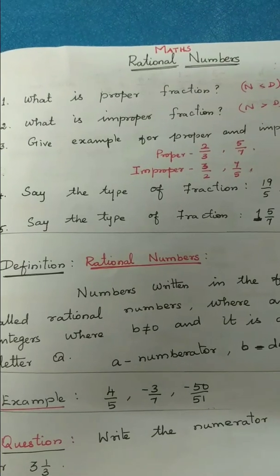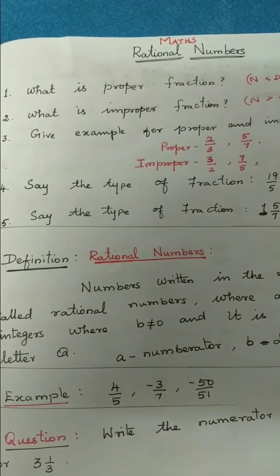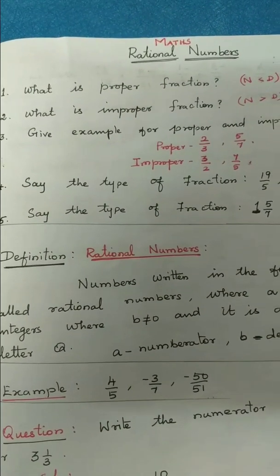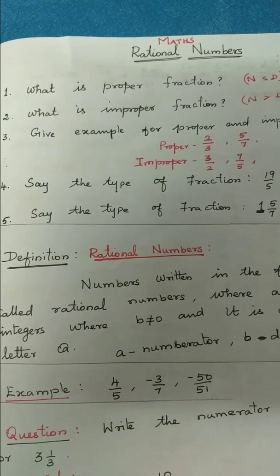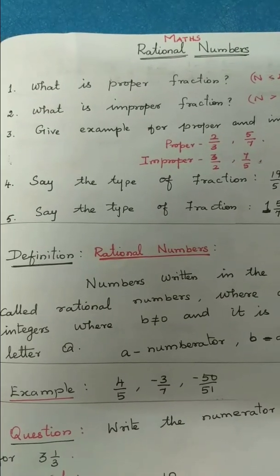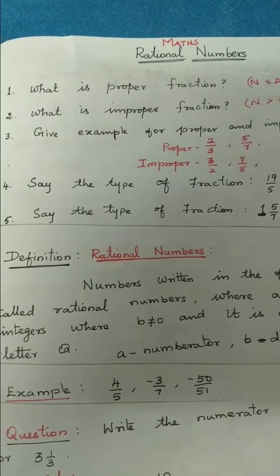Okay, welcome to Maths class. In this we are going to see the rational numbers. The basic of the rational number is a fraction. What is meant by fraction? Yes, a part of a whole.